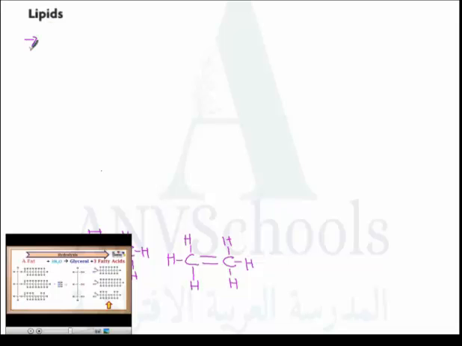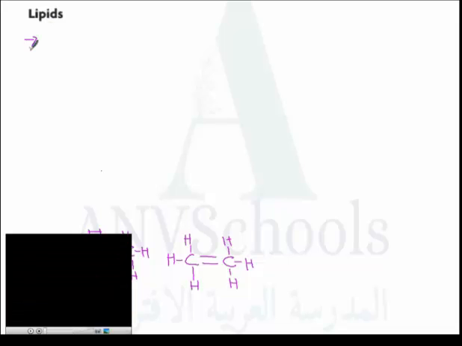That is why normally it is in a liquid form. So the double bond in an unsaturated fat makes kinks in the fatty acid. This results in molecules that cannot pack together tightly enough to form a solid.